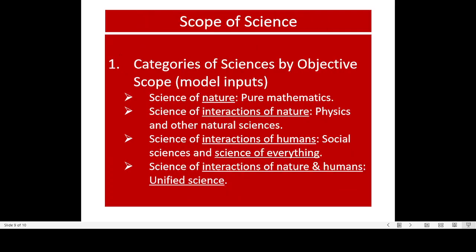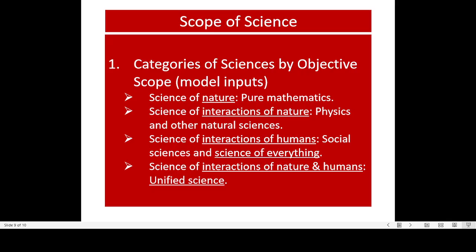Scope of science. The scope is relatively easy: include everything, but in particular include nature. Science of nature is pure mathematics and interactions of nature. Science of interaction of nature is physics and other natural sciences. Then interaction of humans. This is a difficult one, right? It should be science of interactions of humans.